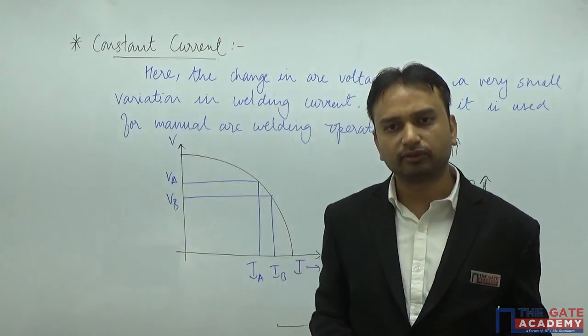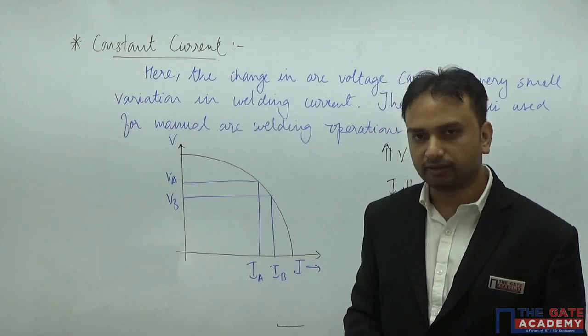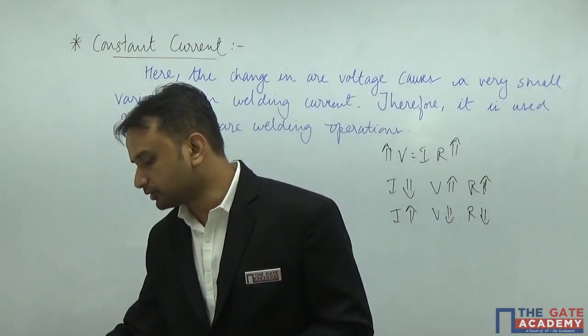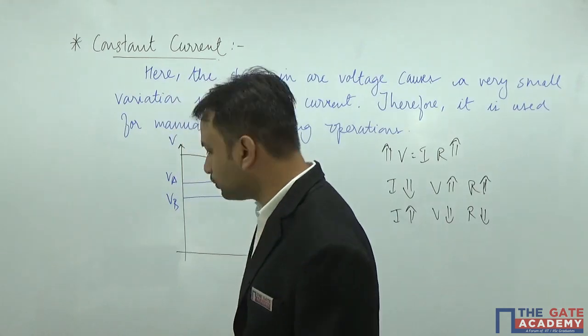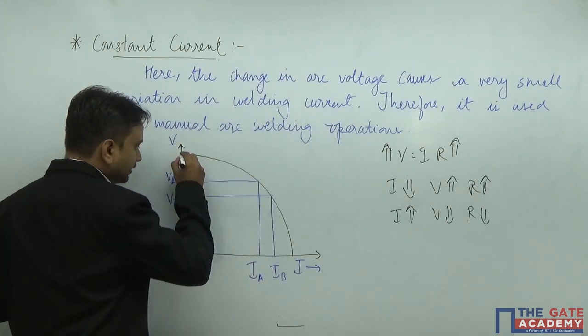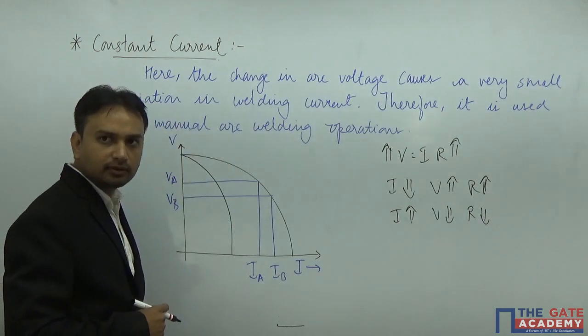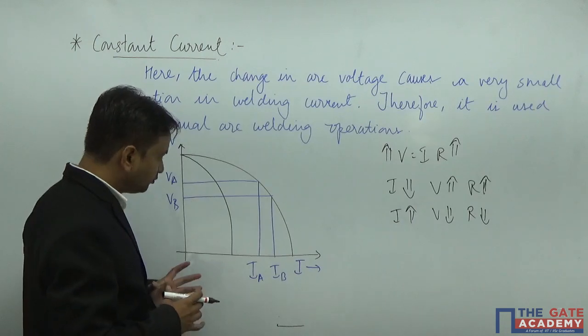So you said, I have a sufficient budget, show me a better one. He took you to another power source, and the characteristic of that power source was something like this. What does it indicate?